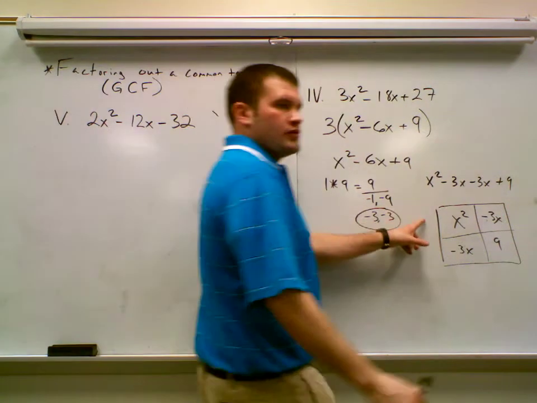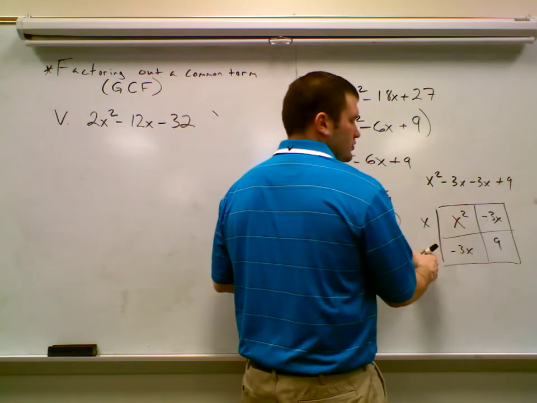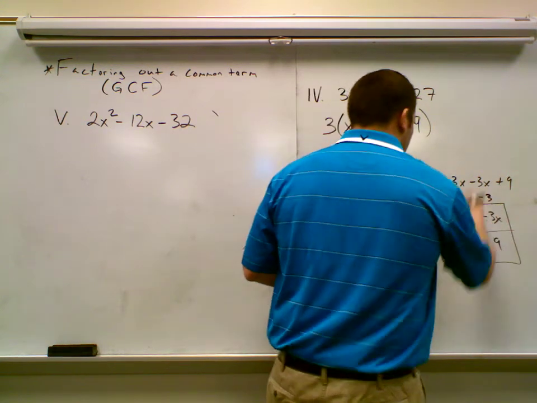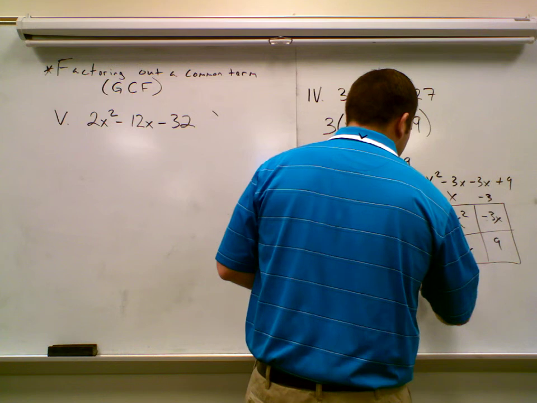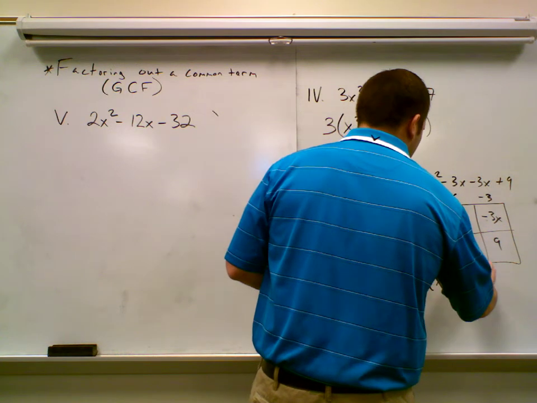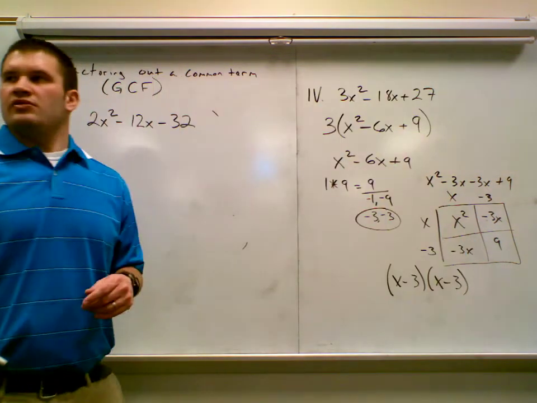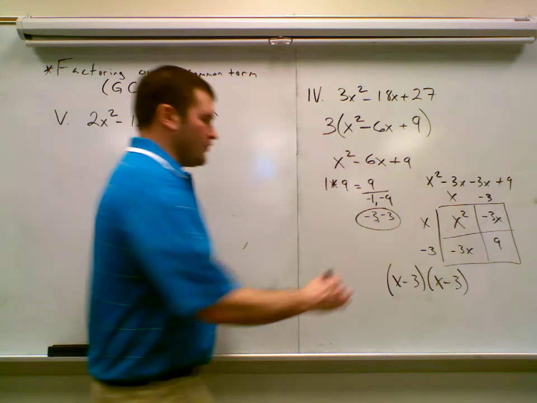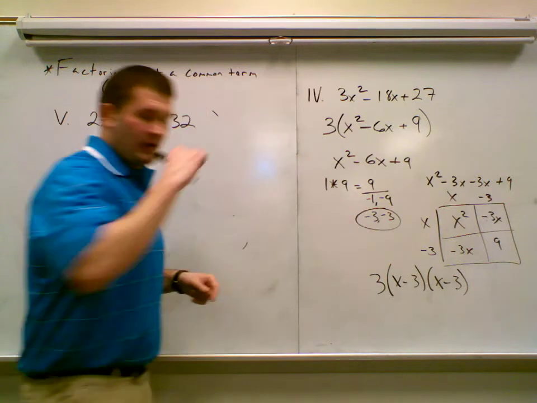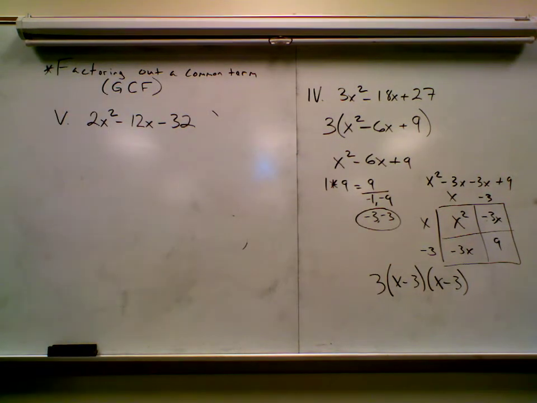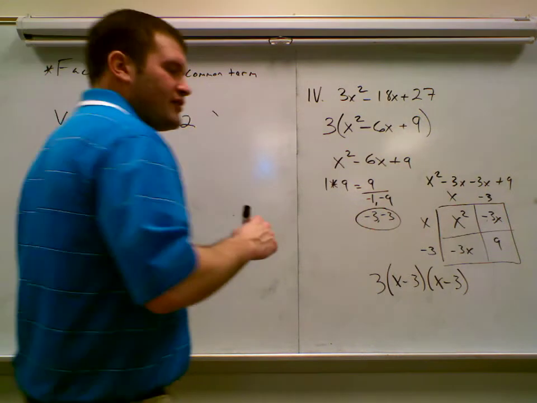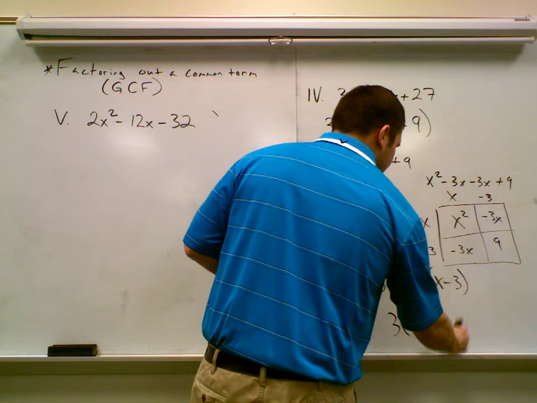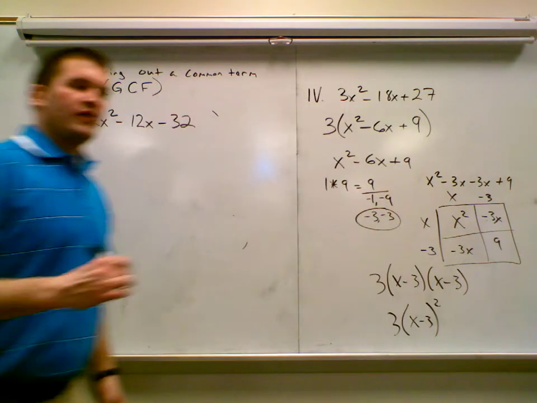What goes here? X. Okay, so that means this factor was x minus 3, right? Can't forget that, guys. So where does that one go? In front. So 3 times x minus 3 squared. Perfect.